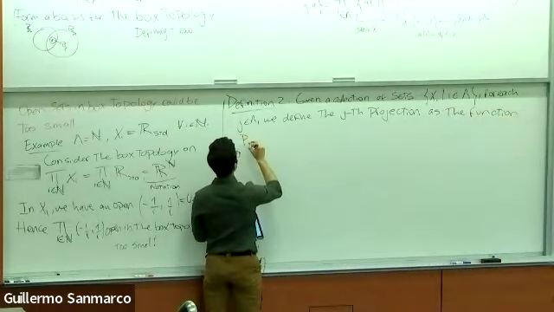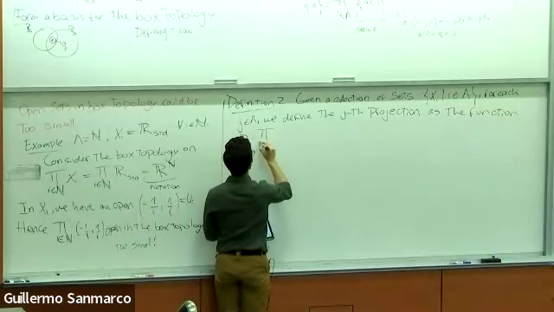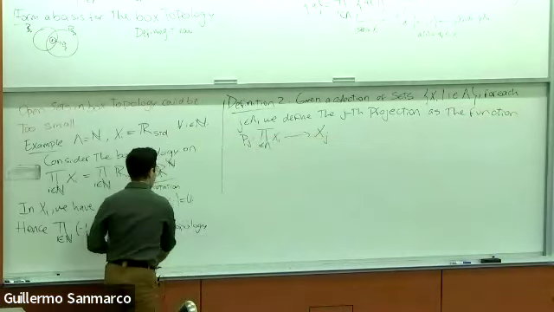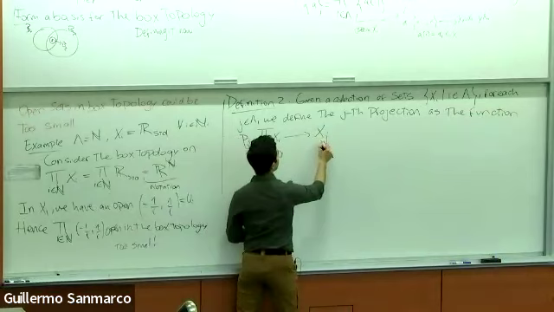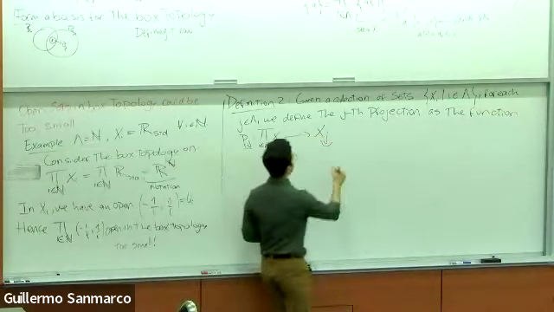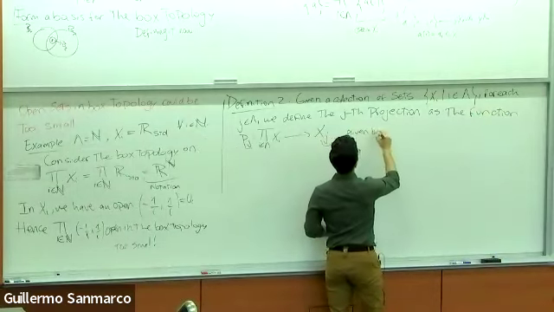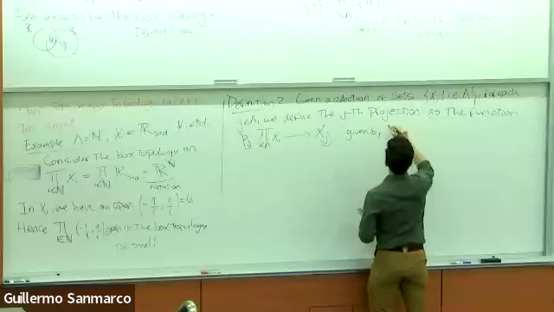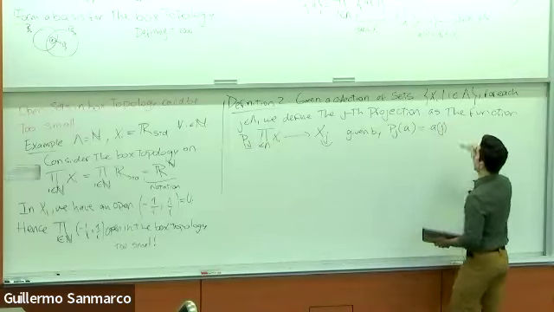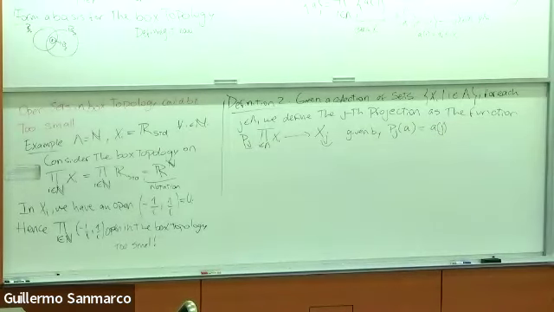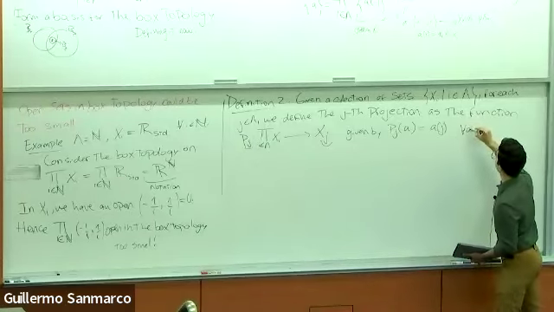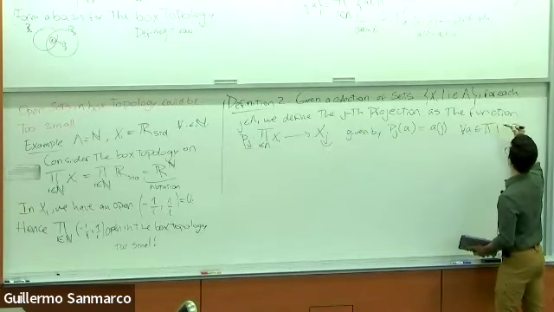So I will use p_j from the product of all these sets to your favorite X_j. Notice the index j is an arbitrary index in the index set. The jth coordinate of a function a is going to be the value of a at the entry j, which we know is an element in X_j. So this is for any a in the product set.